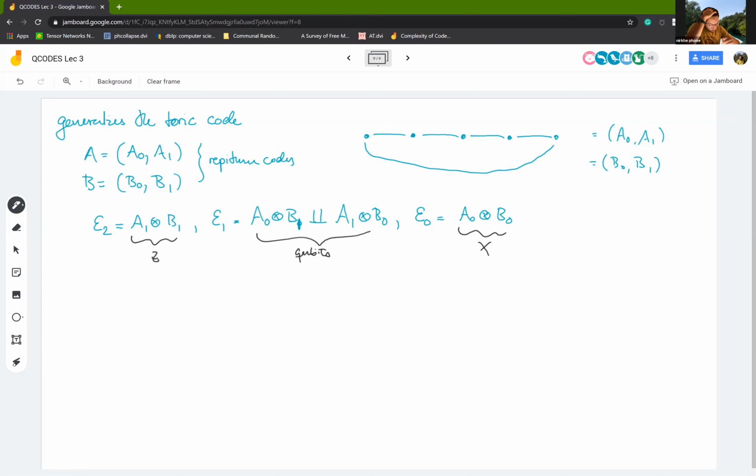Well, let's just notice the following object. Let's look at a subset of the repetition code, which looks like this. So it goes this way, and I have another guy that goes this way. And now I want to compute exactly what the cell complex product is.